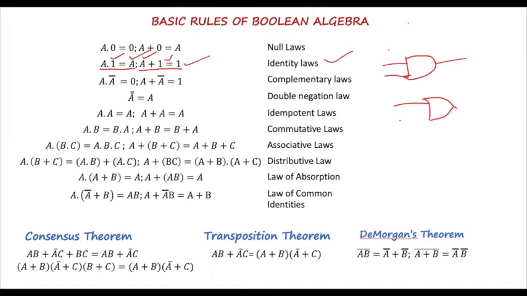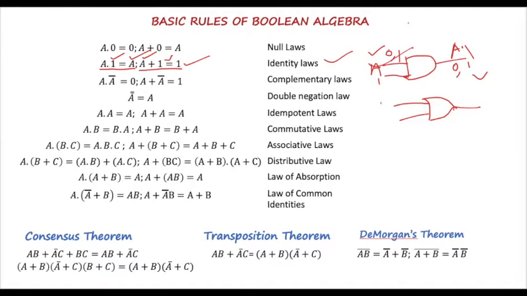Now when the inputs are A and 1, the output will be A dot 1. When A equals 0, the output will be 0, and when A equals 1, the output will be 1. So it gives the variable itself.